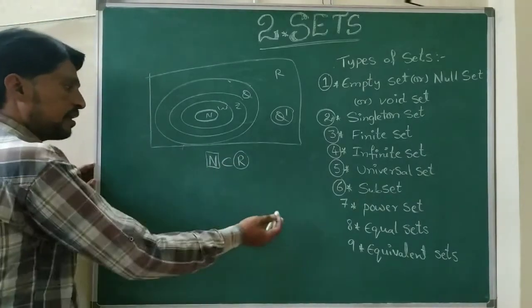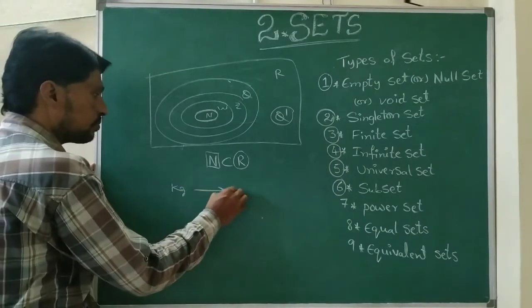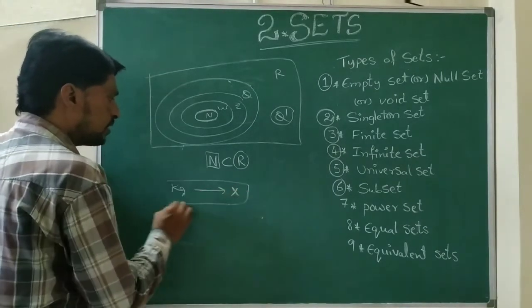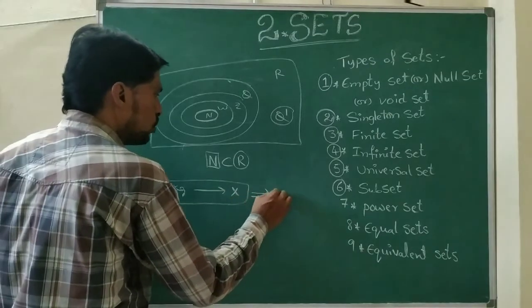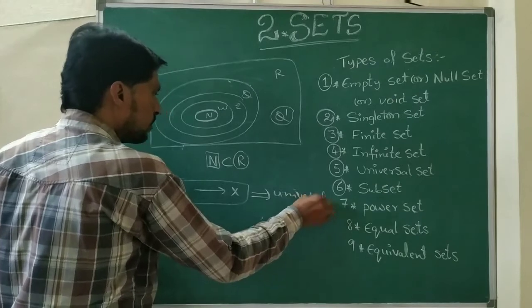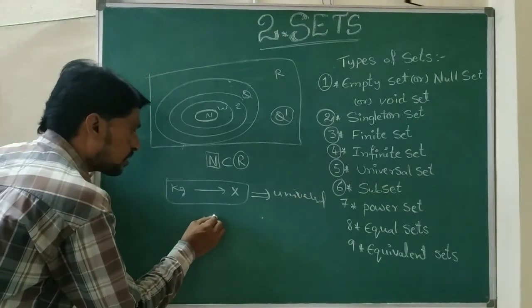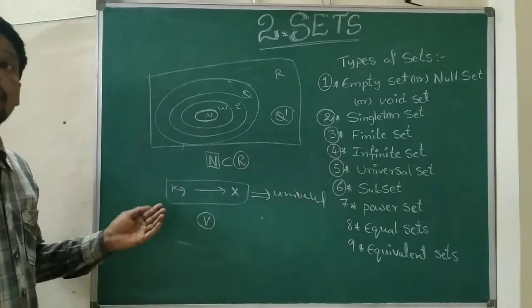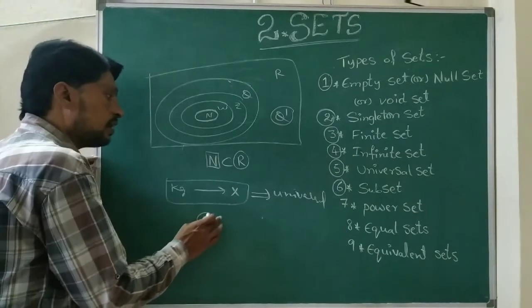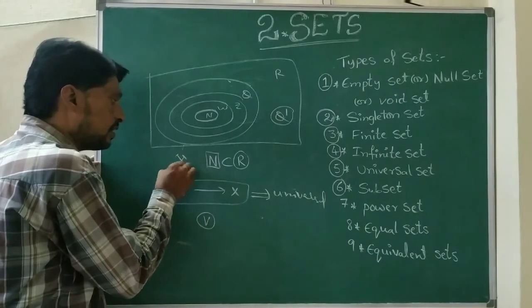Previous example again, KG to 10th class. If you consider the total, it is the universal set. But I am taking class 5. X is the school name I said.